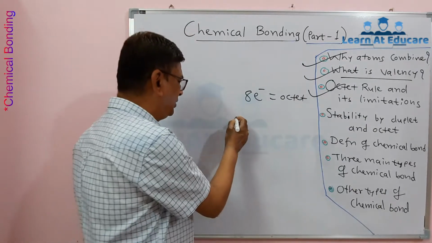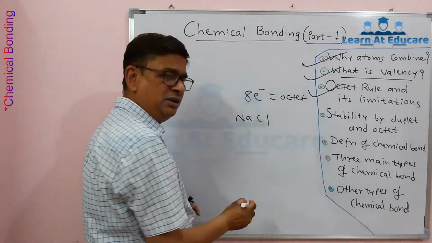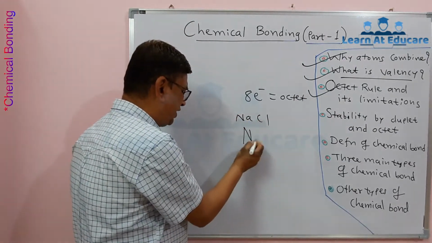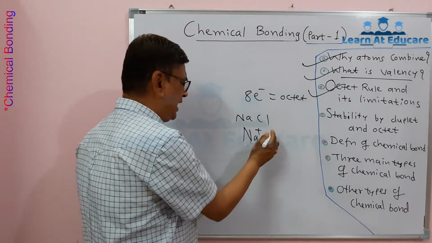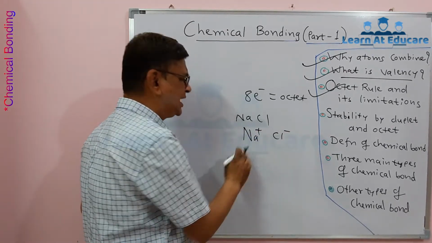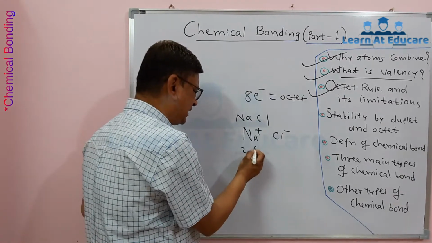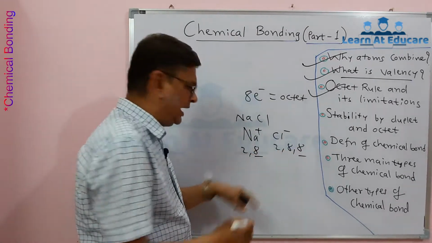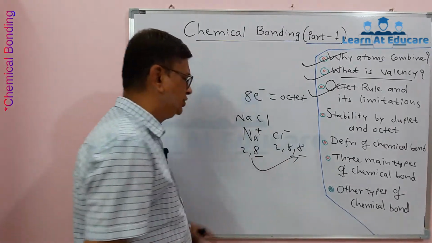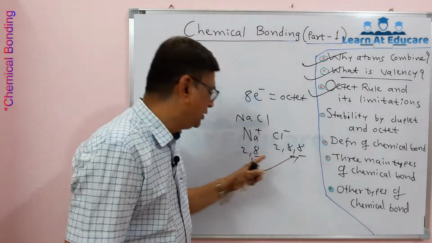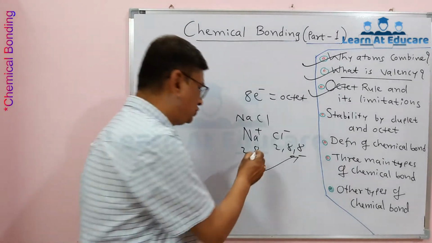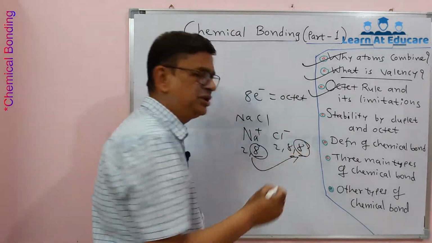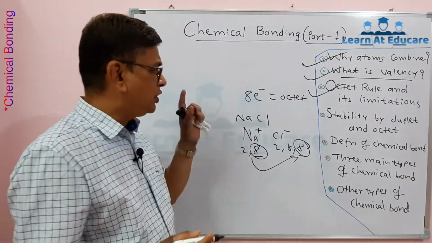If you take the example of the formation of sodium chloride, first the sodium Na+ ion is formed and the chloride Cl- ion is formed; their last shell contains 8 electrons after donating and accepting the electron. Sodium donates an electron to chlorine, but after donation, sodium has 8 electrons in its outermost shell and chlorine also. So this is the octet rule.